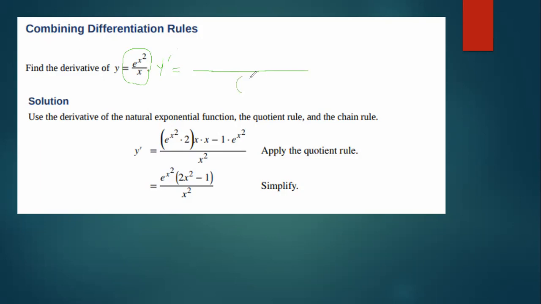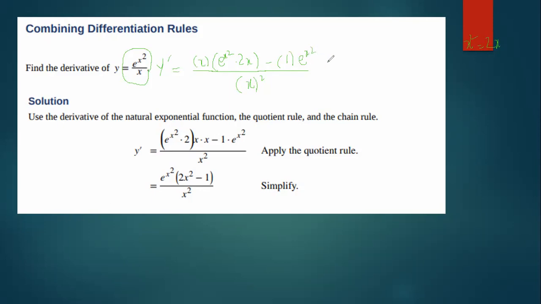The denominator square will be x square, then the denominator as it is times the derivative of the numerator, so the derivative of e^(x^2) will be e^(x^2) times the derivative of x^2, which is 2x. Then minus the derivative of the denominator, which is 1, times the numerator as it is, e^(x^2).